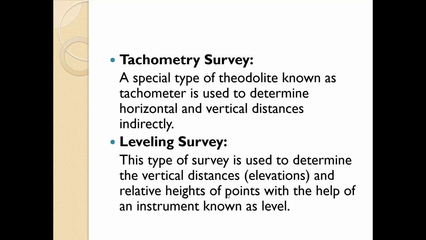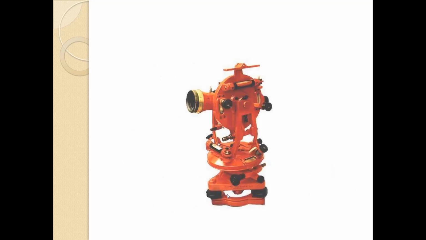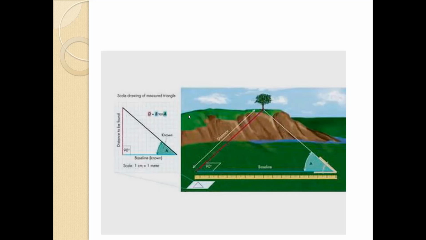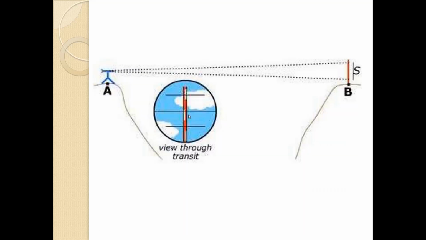This is tachometry. The special type of theodolite known as the tachometer is used to determine the horizontal and vertical distances indirectly. Basically, in a tachometric survey, in this telescope we have some markings, and we take the readings from them. On this lens we have to take three readings: one central, another top, and another bottom.